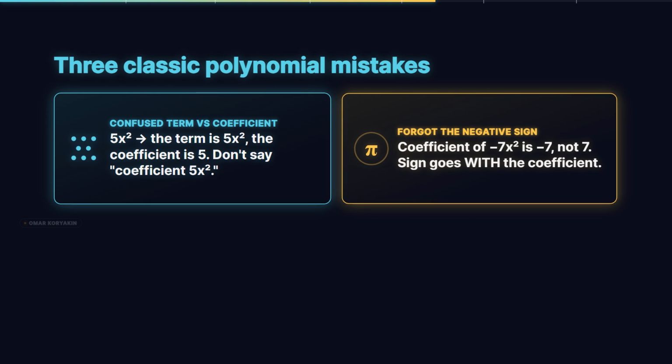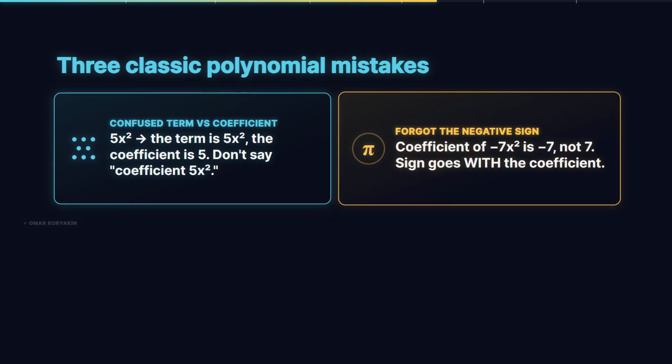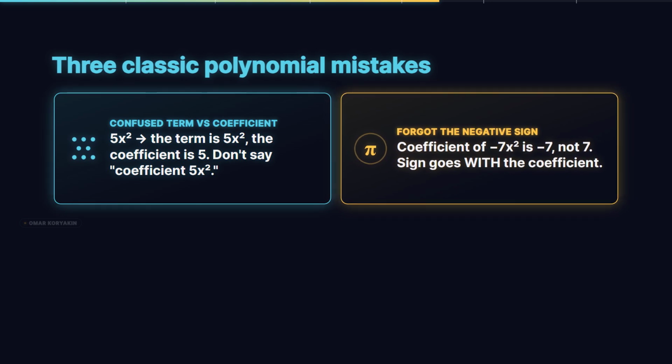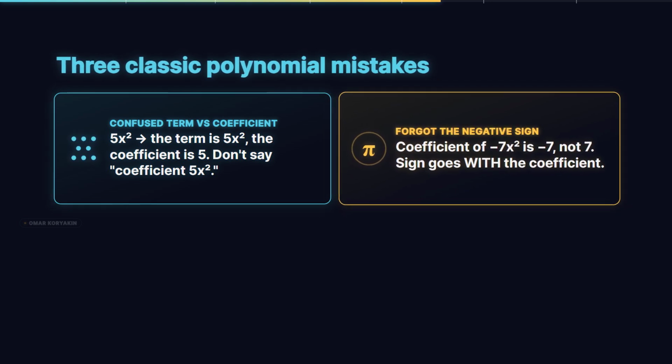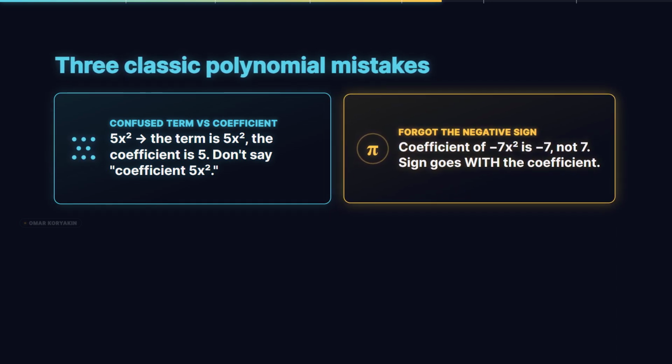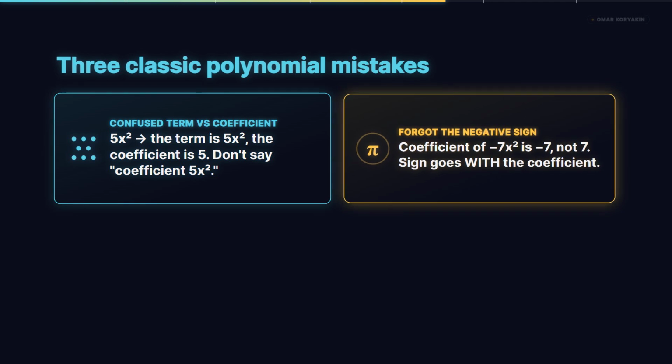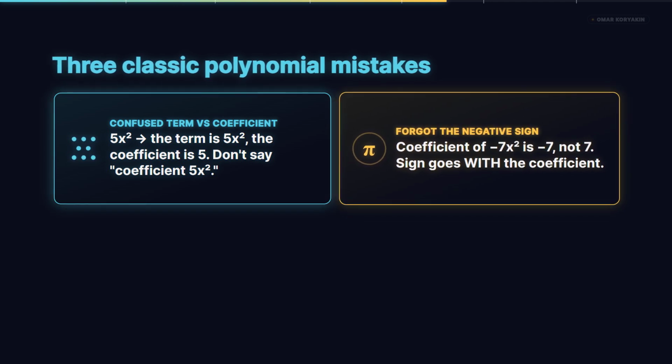Second mistake, dropping the negative sign when reading the coefficient of a subtracted term. A student looks at minus 7x squared and reports the coefficient as 7, when actually the coefficient is negative 7. The minus sign is part of the coefficient, not separate from it, because subtraction is the same as adding a negative.